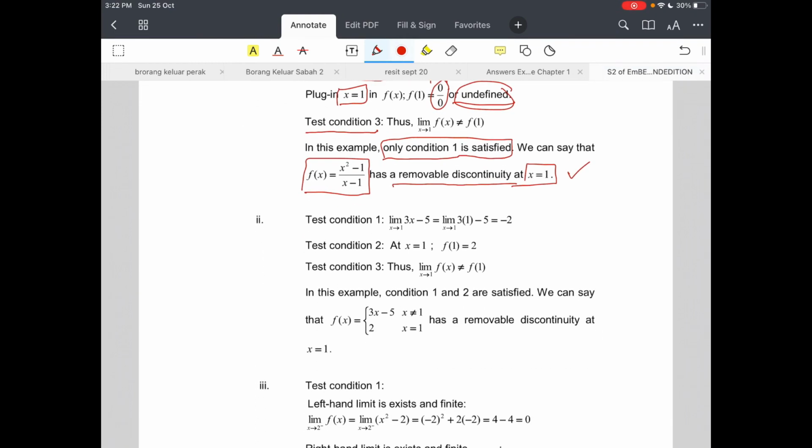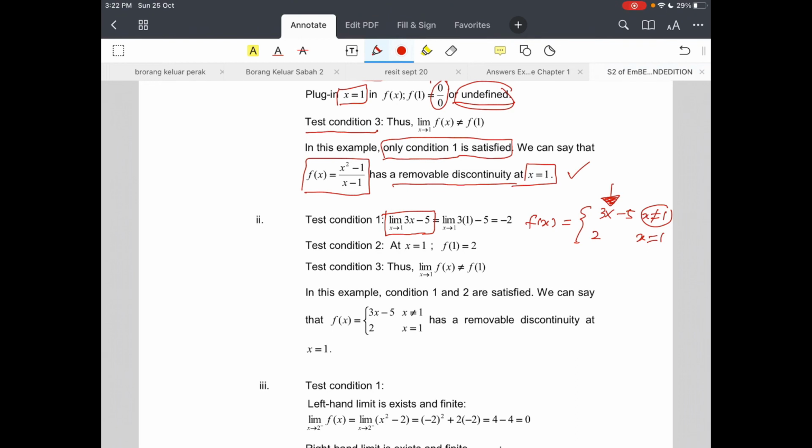Now the next one. I may need to write down the function here. f(x) is a piecewise function: 3x minus 5 when x is not equal to 1, and 2 when x equals 1. When x is not equal to 1, we can use the first function to evaluate the two-sided limit, to test the first condition.